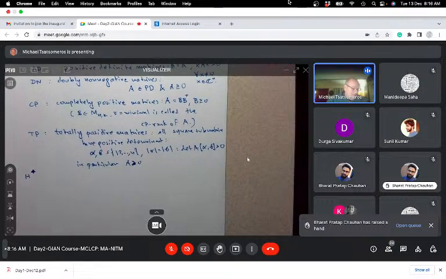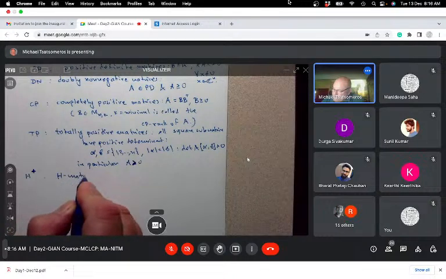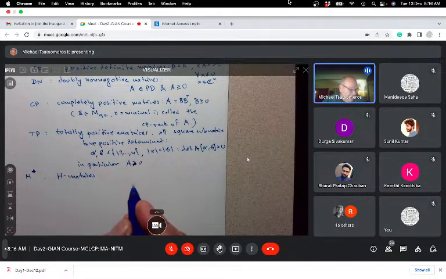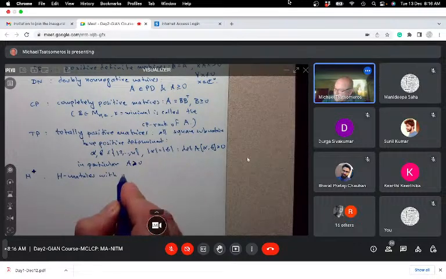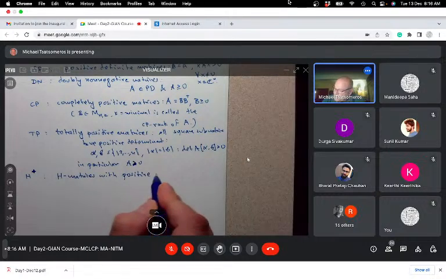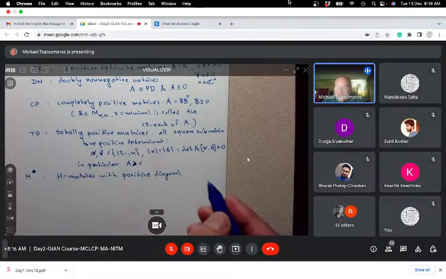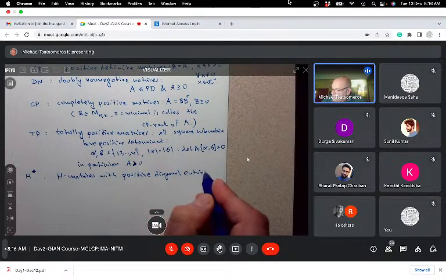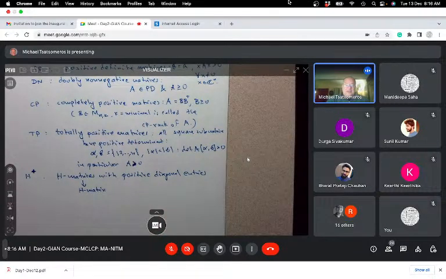All right, so let's go back to this H class. These are H matrices, with positive diagonal entries. I will indirectly define an H matrix. A lot of people will define it in different ways, but I'll define it in the most economical way, in my opinion, to define them right now.